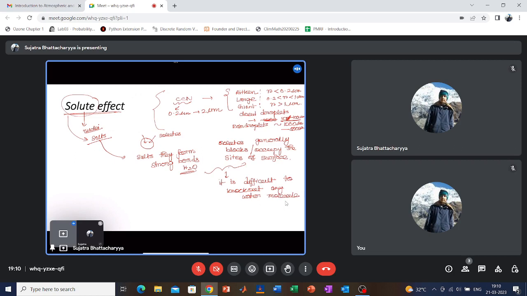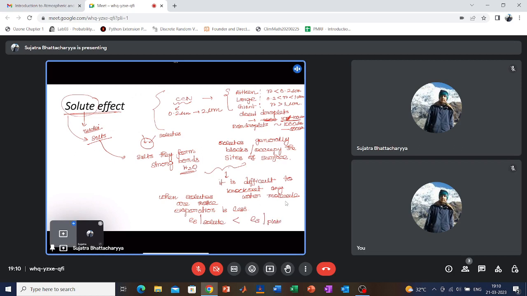So what happens when solutes are more? Evaporation is less, and the saturation vapor pressure in case of solute will be less than the saturation vapor pressure at a plane surface of pure water.